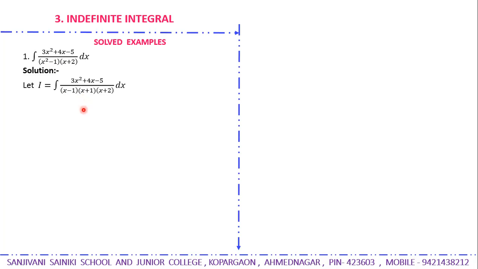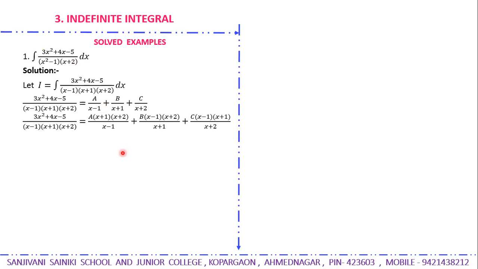So clearly the denominator contains linear non-repeated factors. Each of these factors is different. They are not repeated. So a upon one factor plus b upon another factor plus c upon another factor. Now in the next step, we will take the LCM of this right hand side. Then what will you get?